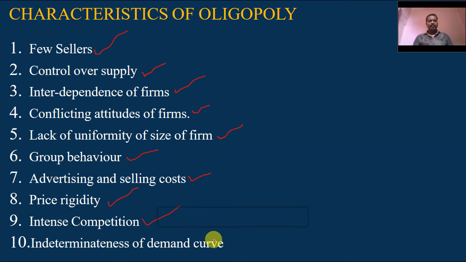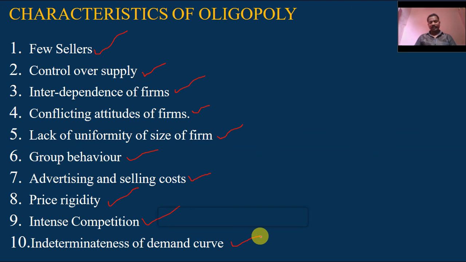Another important feature in the oligopoly market is indeterminateness of the demand curve. Here in oligopoly, there is an element of uncertainty. Firms cannot identify the particular factors which could affect the demand. So a rise or fall in the demand for the product cannot be speculated, and changes that take place may be contrary to the expected changes in the market.